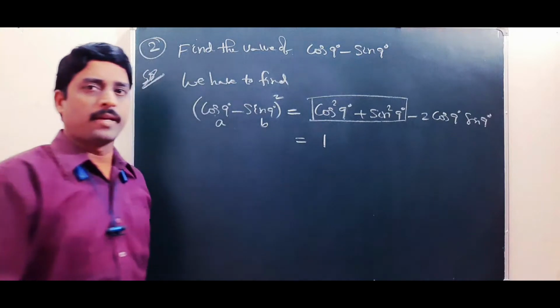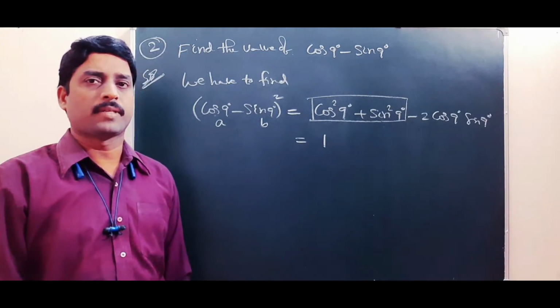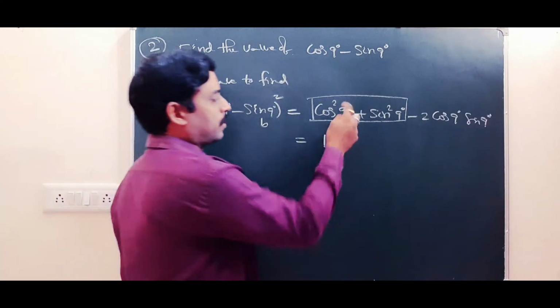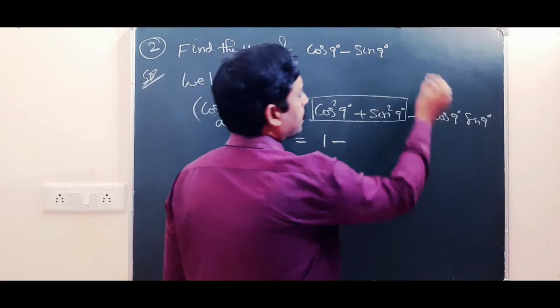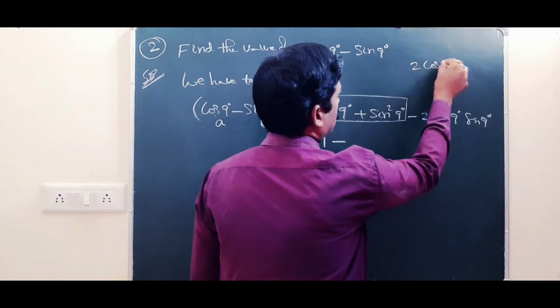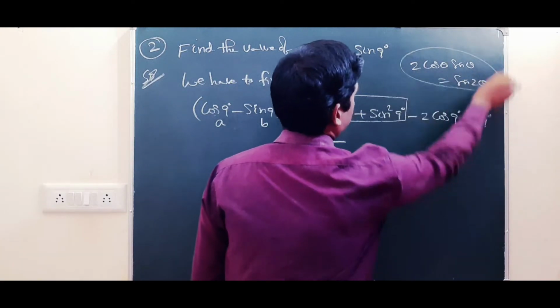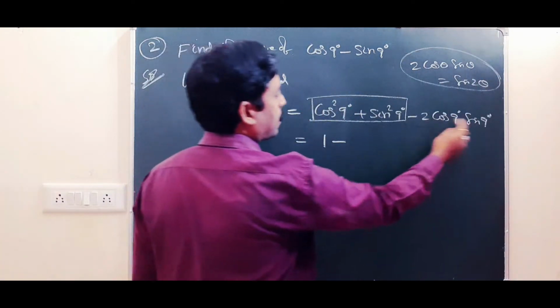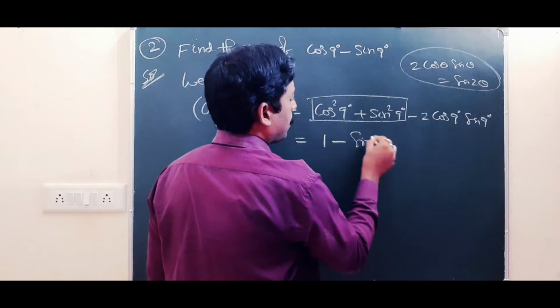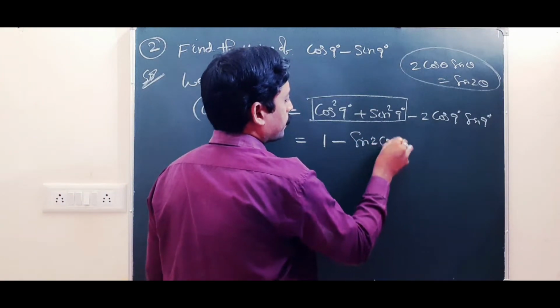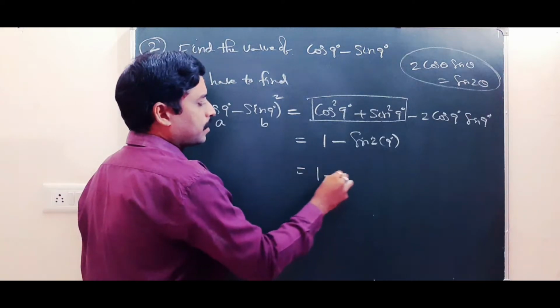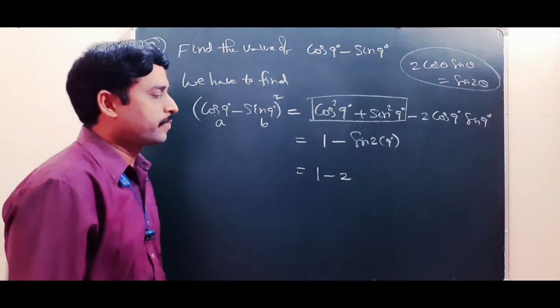Okay, this is a trigonometry identity. Cos square theta plus sin square theta value is 1. Okay, this value 1 minus 2 cos 9 sin 9. We have 2 cos theta sin theta equal to sin 2 theta. So 2 cos 9 into sin 9 will be sin 2 into 9. Okay, so 1 minus sin 18 degrees.